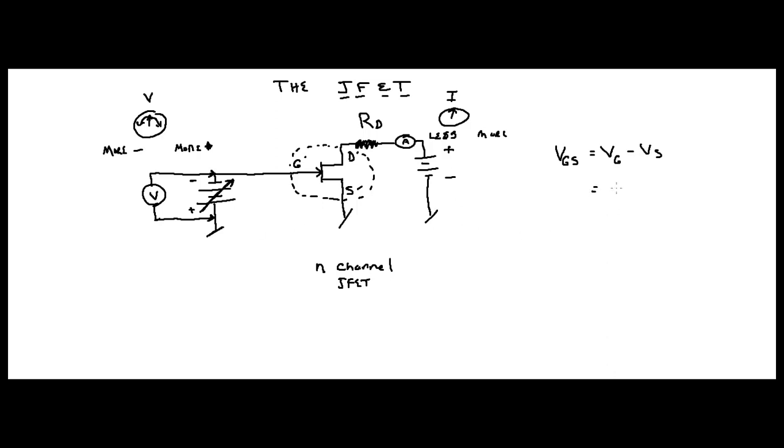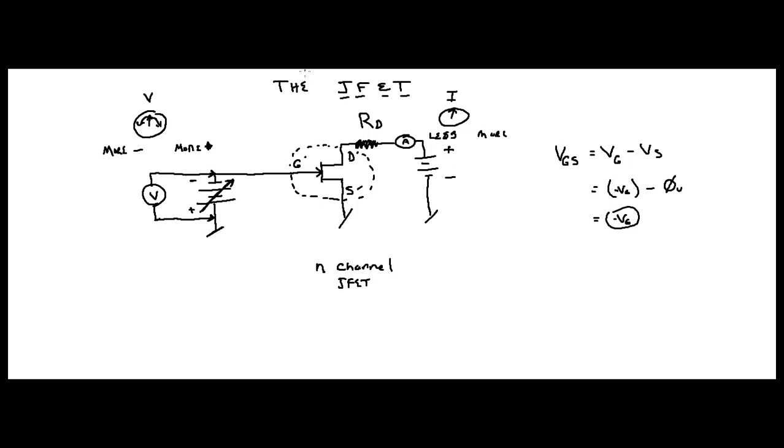So whatever that is, it's going to be minus VG, whatever it's set to, okay? Minus VG. Minus, now your source is connected to ground, isn't it? So it's going to be minus 0 volts. So VGS is going to be equal to minus VG, whatever that is at your gate, right? So depending on your circuit, your source may have a value, and you'll see that later. But I want to make sure we had that terminology straight, all right?